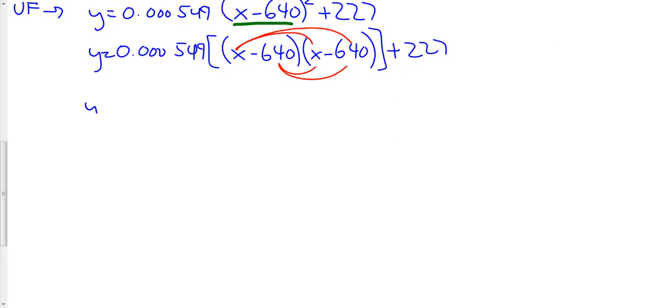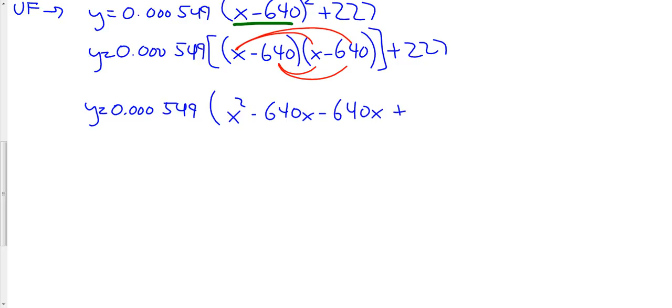So that's going to end up with y is equal to 0.000549 times x squared minus 640x minus 640x, and negative 640 times negative 640 is going to equal a rather large number, positive 409,600.